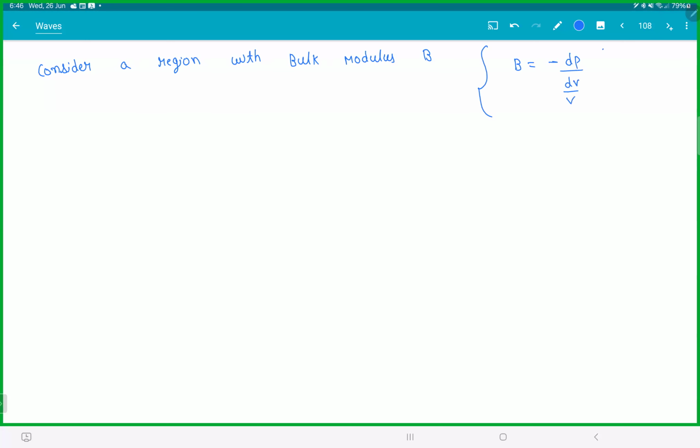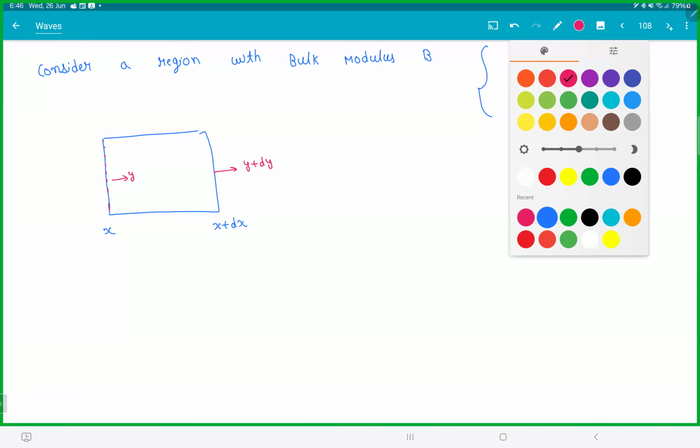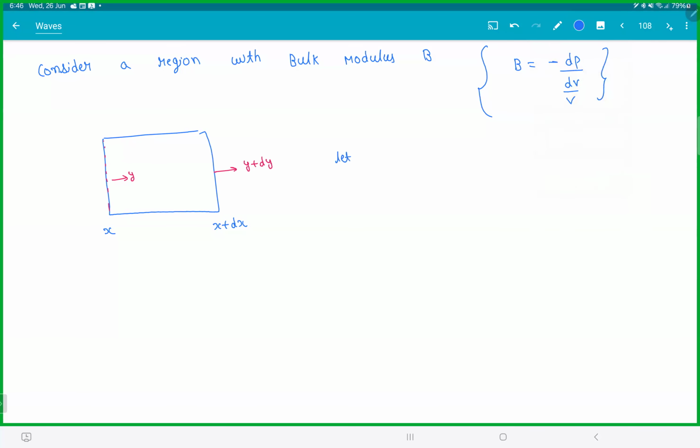Hope you remember this. So you consider a small region where this coordinate is x and this is x plus dx. The particles at x are displaced by y. The particles at x plus dx are displaced by y plus dy. Remember, in a longitudinal wave, particles displace in the direction of the wave propagation, that is in the x.